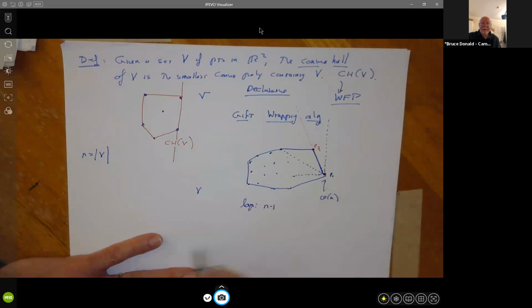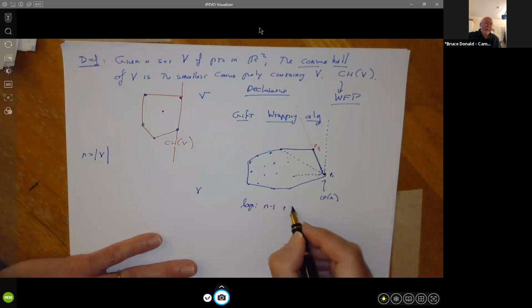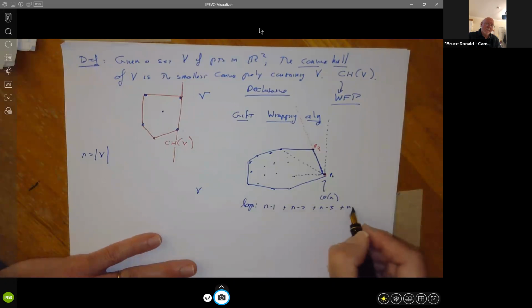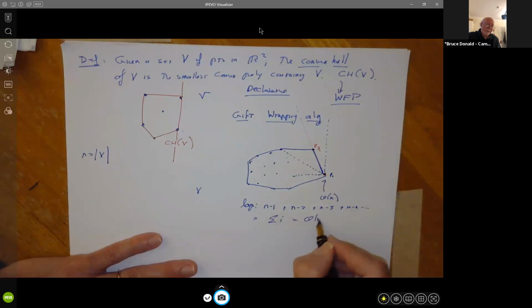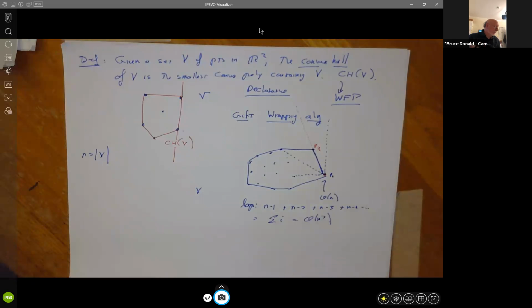Because I don't have to look at this one, but then I have to look at n minus 2, plus n minus 3, plus n minus 4, etc. And of course, this is the sum of i. This is equal to order n squared. So this is an order n squared algorithm, but still much better than an infinite stream. So that's pretty good. I mean, infinite streams can be very efficient, but not necessarily for this particular problem.